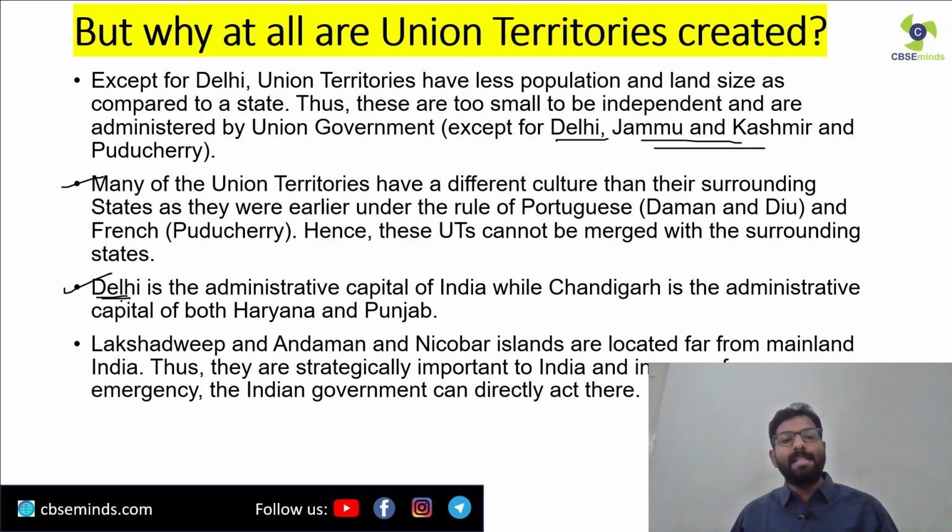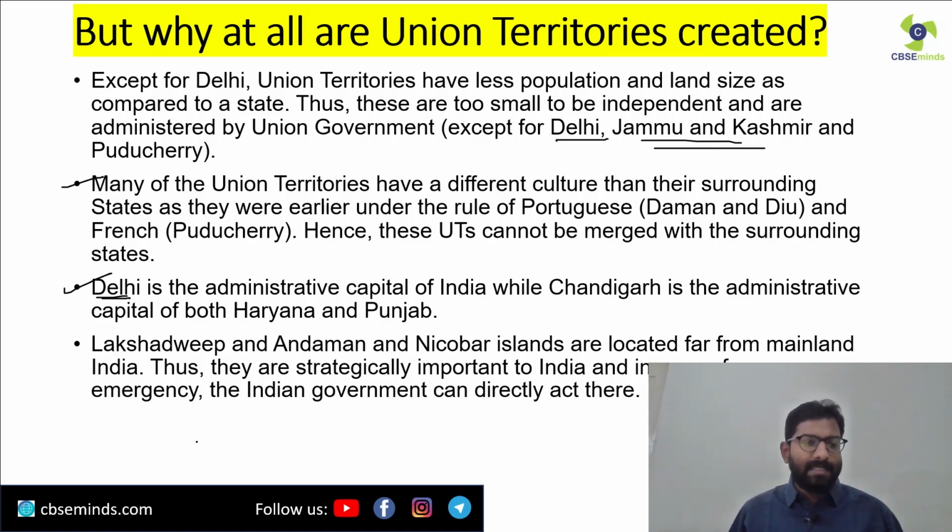That is why it is made a union territory. However, Delhi still has a lot of freedom compared with other union territories, but it is not a full-fledged state. Delhi has been given partial statehood, but not complete statehood. Clear? Talking about Chandigarh, Chandigarh is the capital of both Haryana and Punjab. That is why it is made a union territory.